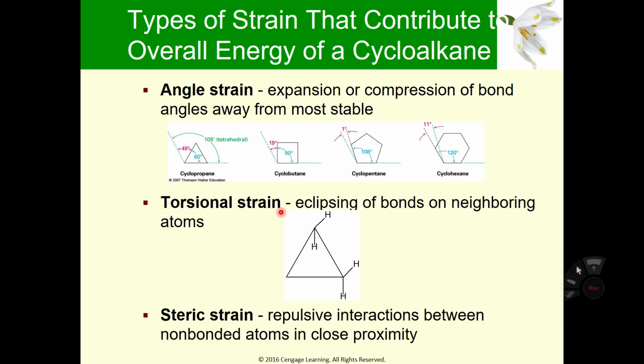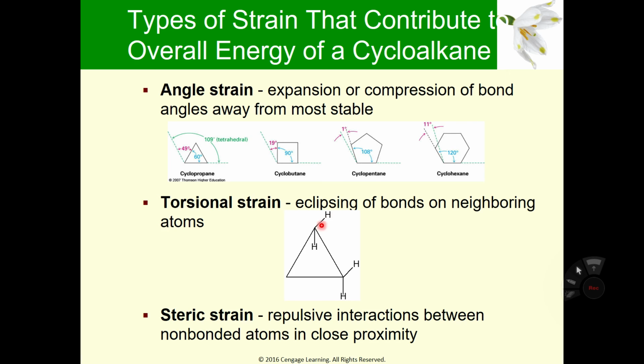The torsional strain, as we already learned, means eclipsing of bonds on neighboring atoms. For example, in this case, this CH and this CH are in the same direction. These two CH bonds are almost in the same plane. This bond has an electron cloud, all right?